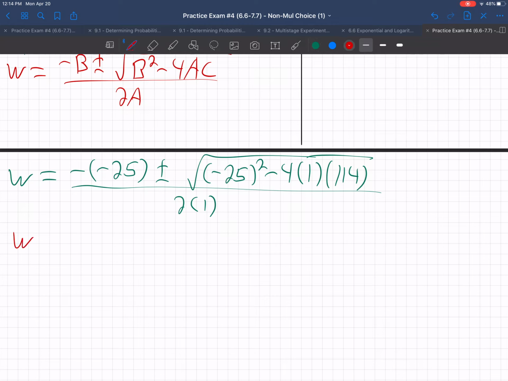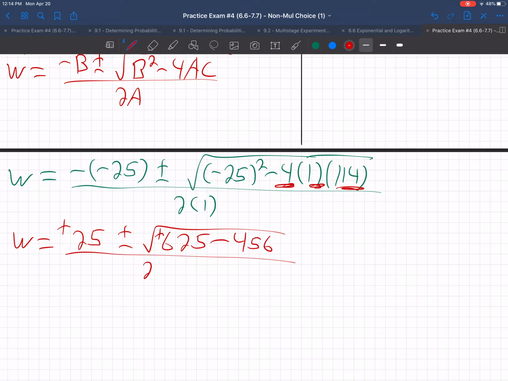So we get W equals plus 25 plus or minus the square root of, use your calculator, positive 625. Negative times positive means negative, whatever 4 times 114 is. I'm getting 456, all over 2.